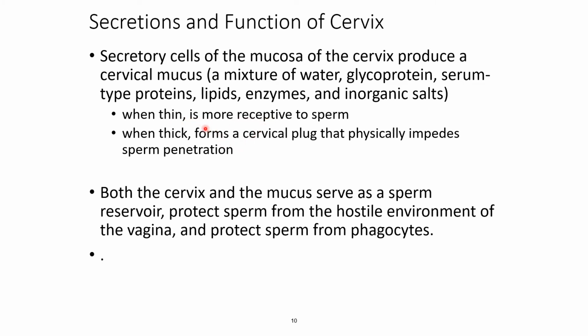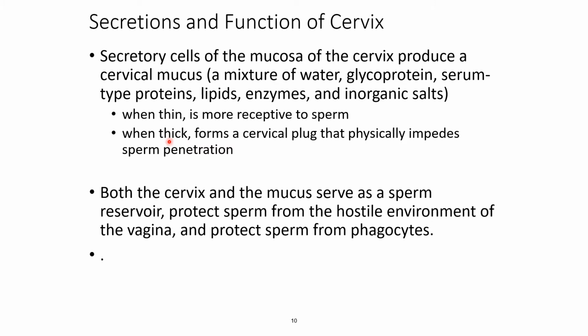But under the hormonal instruction of progesterone, a much thicker cervical mucus forms, and sperm cannot swim through this thick mucus. The thick mucus is as thick, in terms of viscosity, as honey.